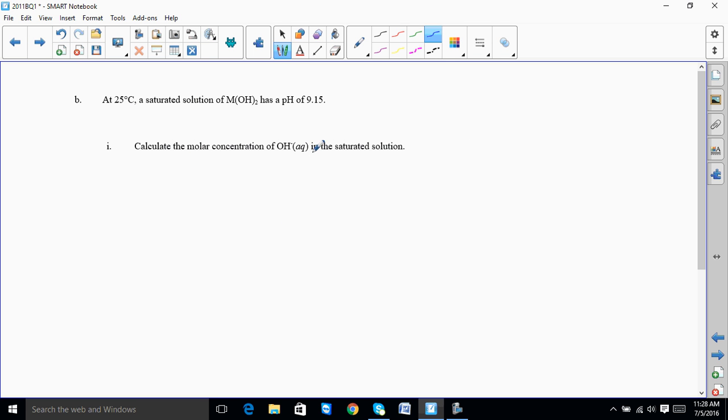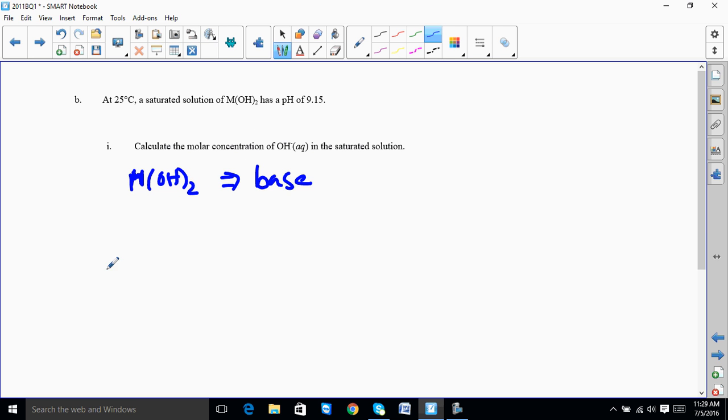Calculate the molar concentration of the OH minus in the saturated solution. Interestingly, MOH2 is a base. Arrhenius said that acids dissociate to make H plus ions in solution, and bases dissociate to make OH minus in solution.